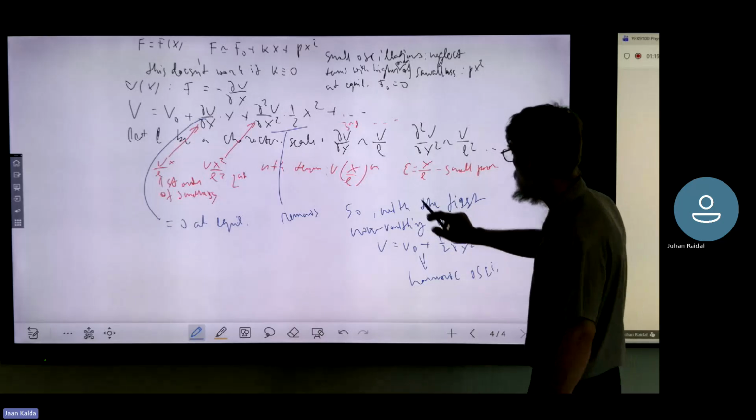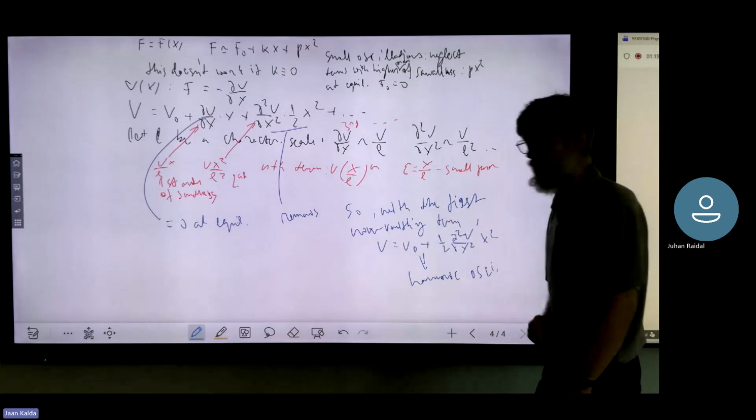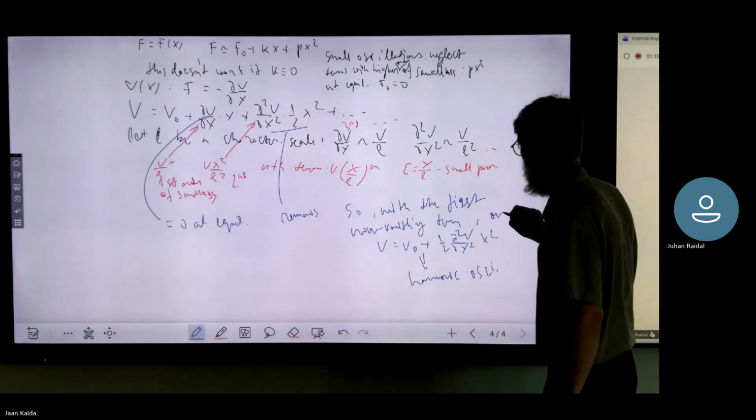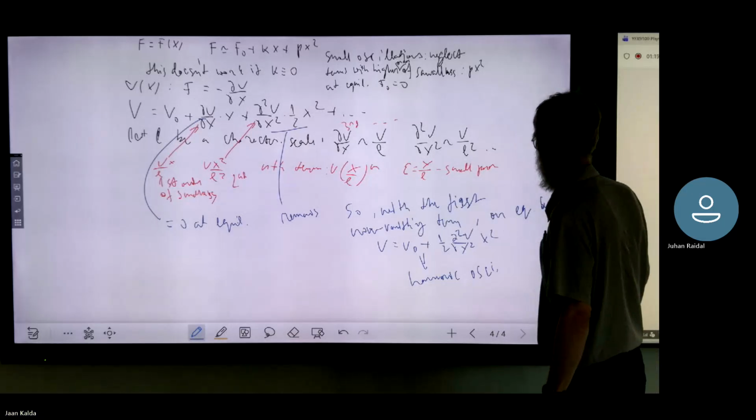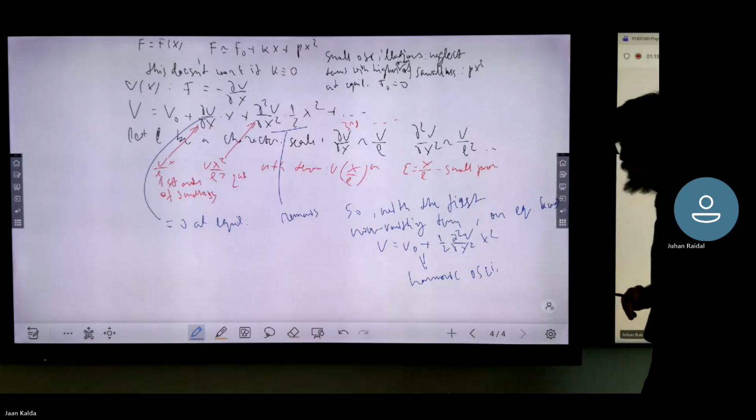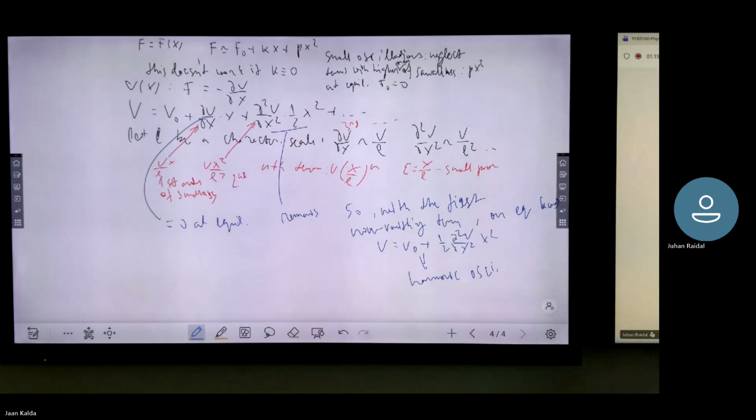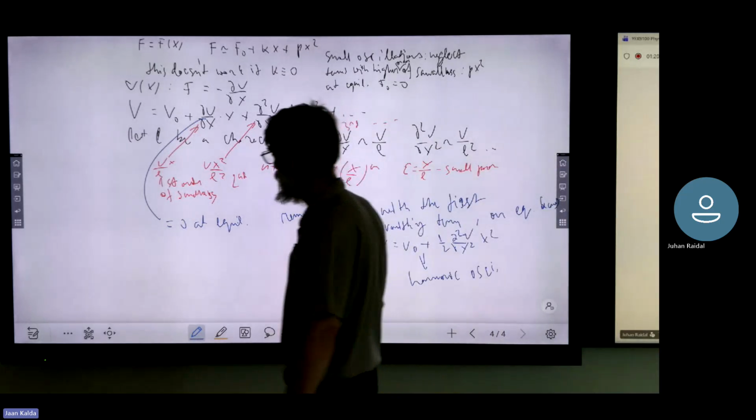So with the first non-vanishing term, our equation becomes... yeah, right. So as a homework, you can try studying oscillations in this case.